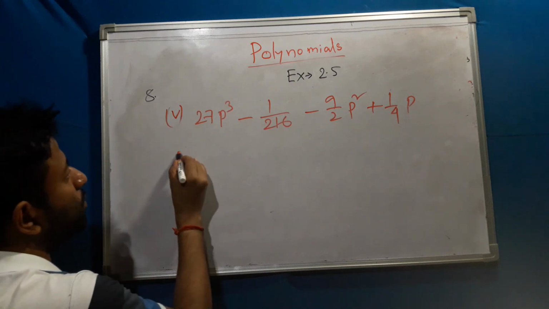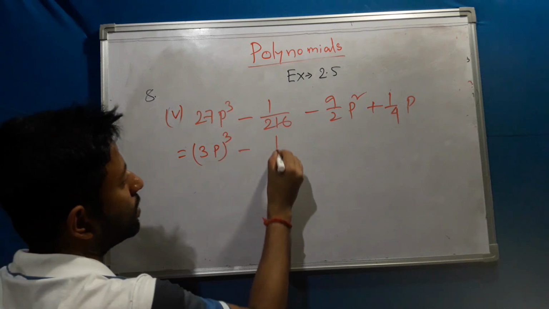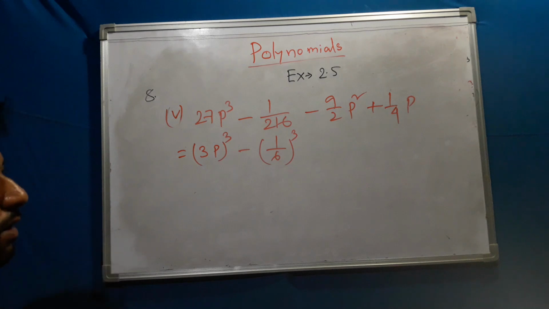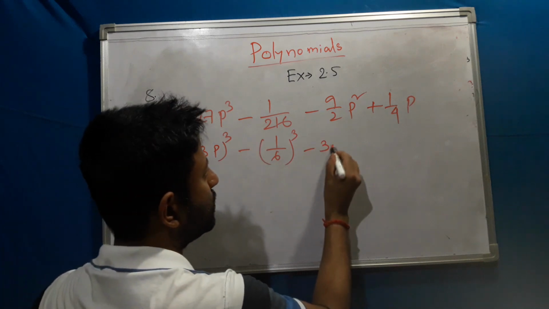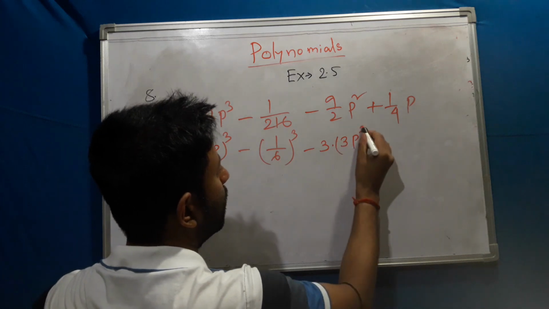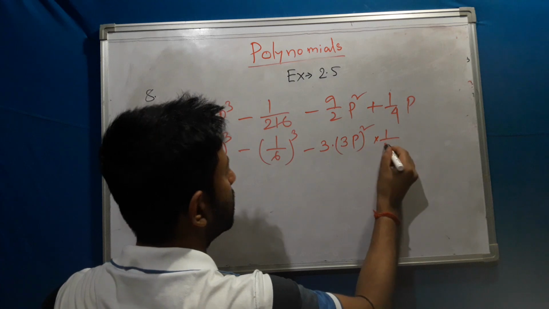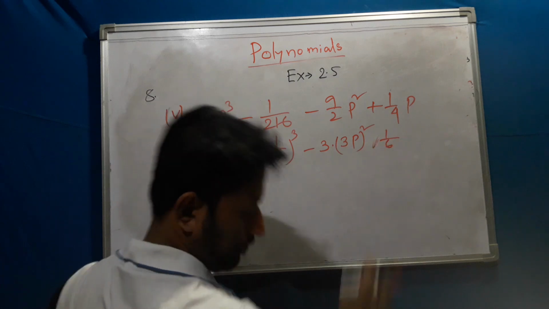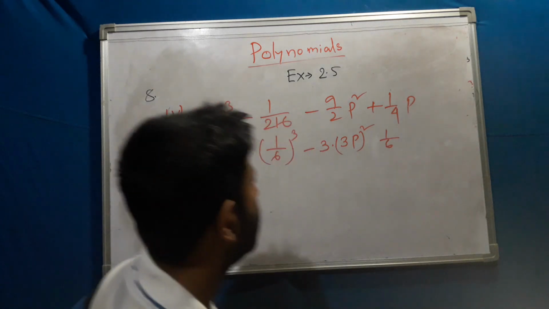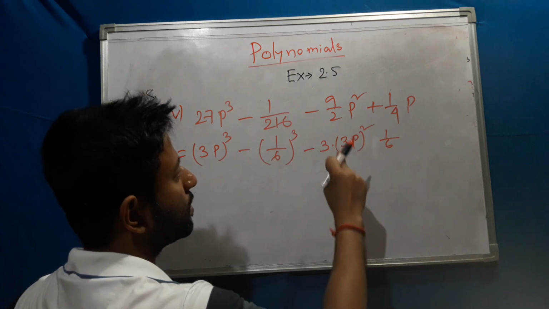So 27p cube, I can write as 3p whole cube, and this one is 1 by 6 whole cube. Now arrange these things. Minus 3 into a square b means 3p whole square into 1 by 6. Now you cut this, this will be 2, and 3 square means 9.